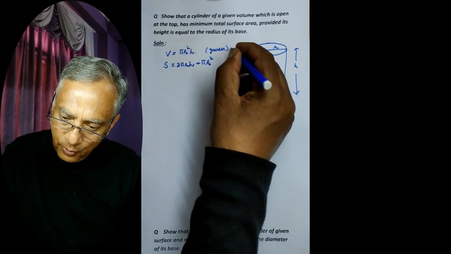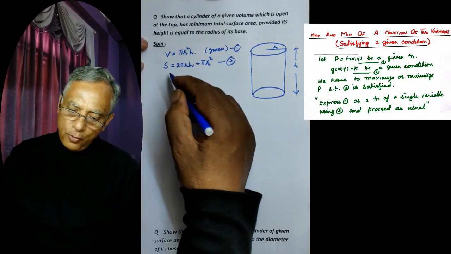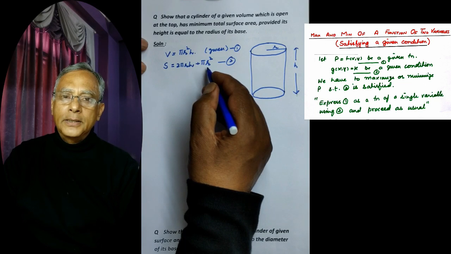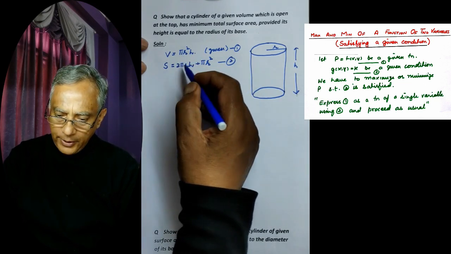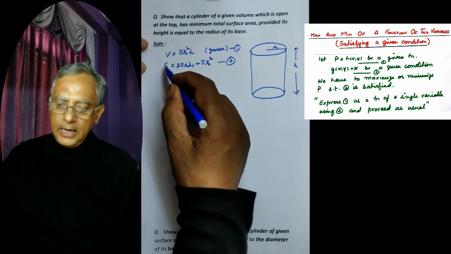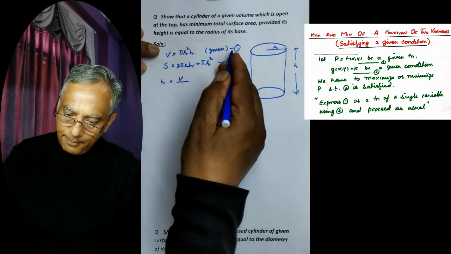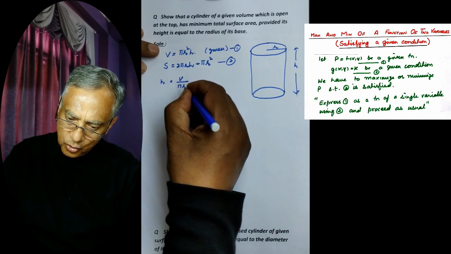Now let this be 1 and this be 2. Now we have to minimize this surface area subject to this condition. So what we do is we express this as a function of a single variable. 1 implies H is equal to V by pi R square.